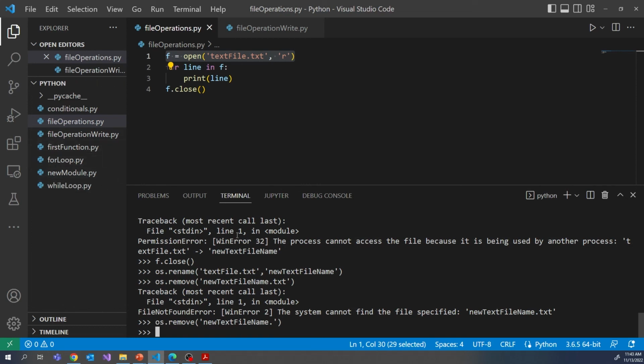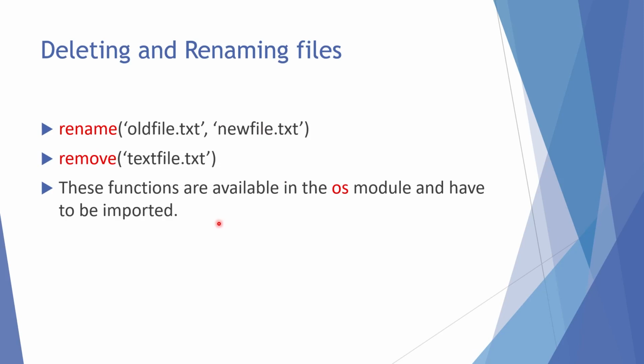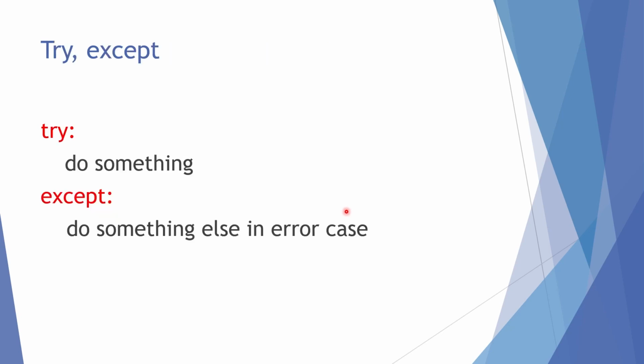Good. So we saw a lot of errors here. And next I want to show you how to handle errors. So coming back to the presentation, basically we saw here how to delete and rename files. We have to import this OS module and how to handle exceptions. So we have these statements, the try and except.